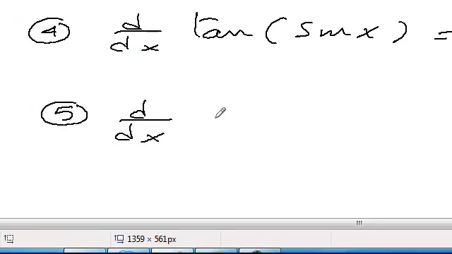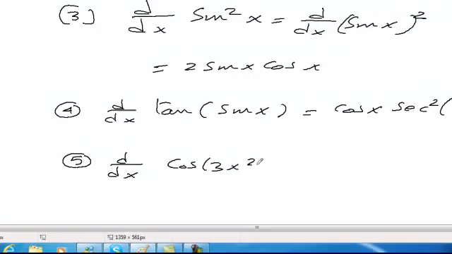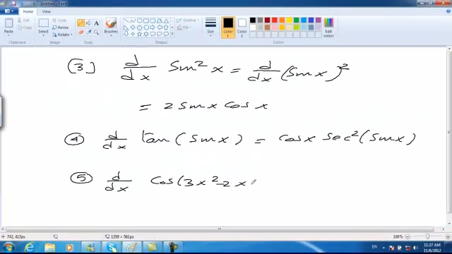d by dx cosine of 3x square minus 2x plus square root of x minus 1 divided by x.